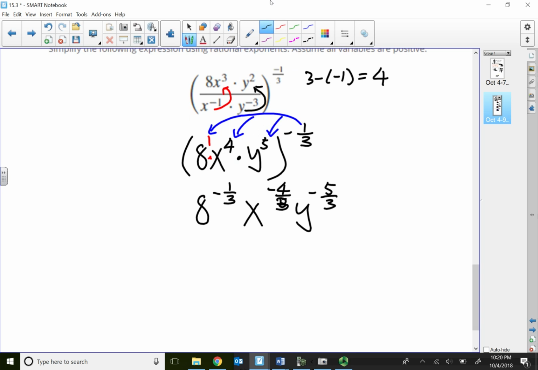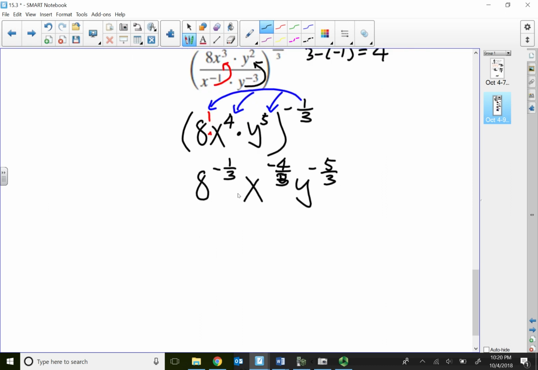All right. So if you want to put this 8 to the negative 1/3 in the calculator right now, you can. If you already know, the denominator of that fraction becomes the cube root. So the cube root of 8 is going to be 2.